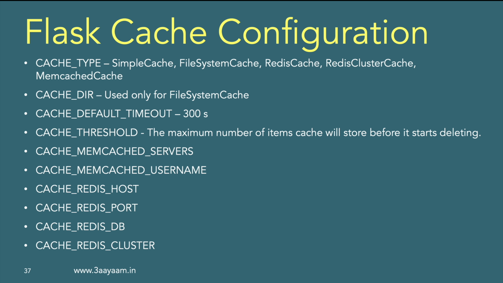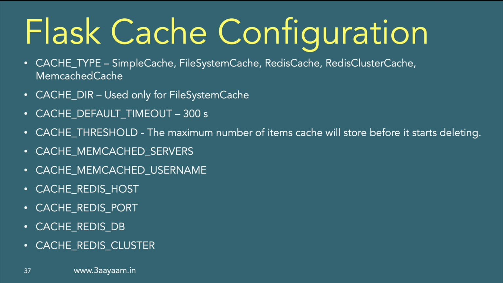Then you can use Redis cache, Redis cluster cache, and memcached cache. The difference between Redis cache and Redis cluster cache is that the first one, Redis cache, is a single engine, meaning that the Redis cache is not partitioned, and Redis cluster cache is where the data is partitioned.